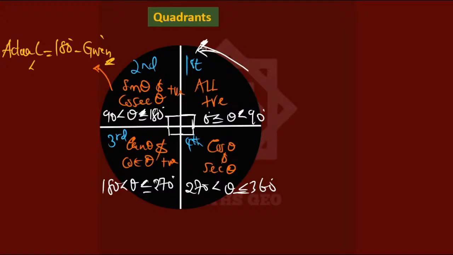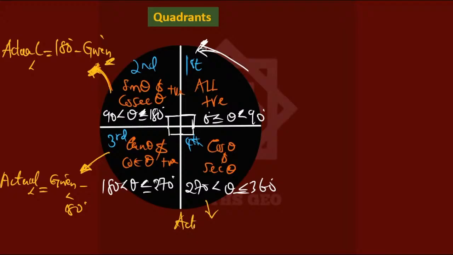In the third quadrant, the actual angle you are going to use will be the given angle minus 180 degrees. That will automatically convert it to the first quadrant. And for the last one, the actual angle you are going to use will be 360 degrees minus the given angle.